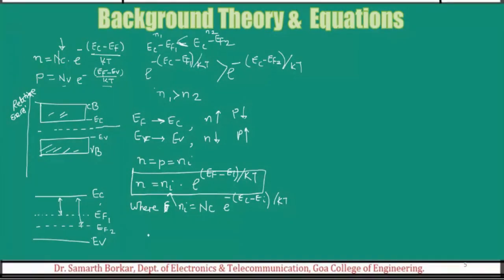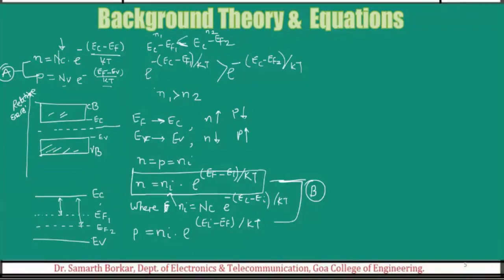Okay, so likewise I can get the value of p in terms of ni, that is intrinsic concentration, as ni e raised to Ei minus EF by KT. Now this we will mark as set of equations B, and this we had started with as set of equations A. Now what can you make out of the difference here?